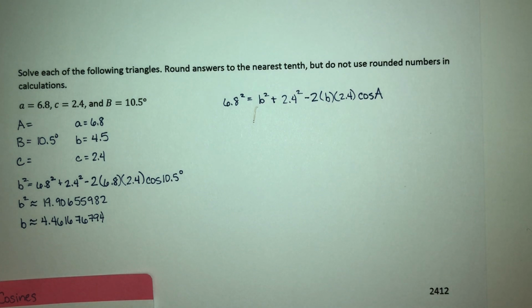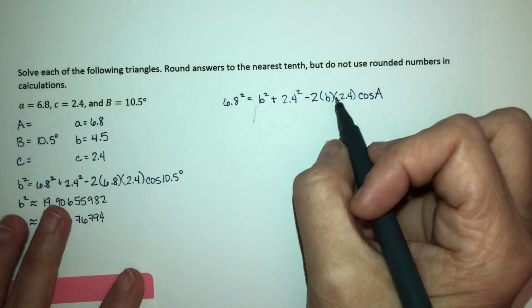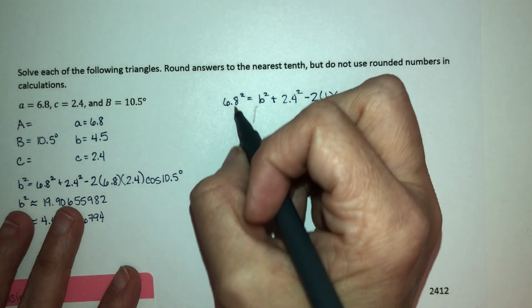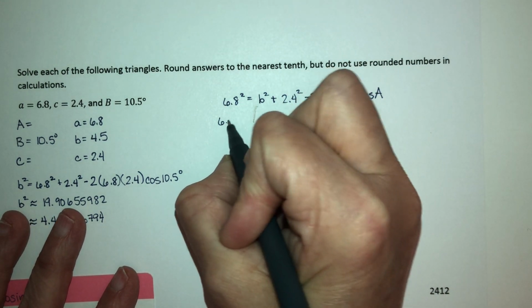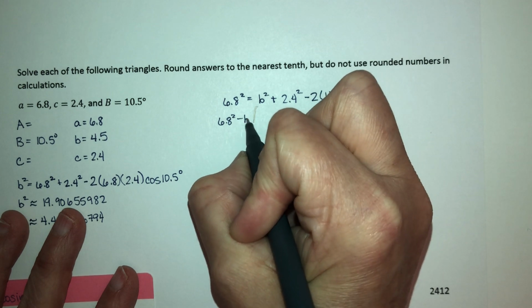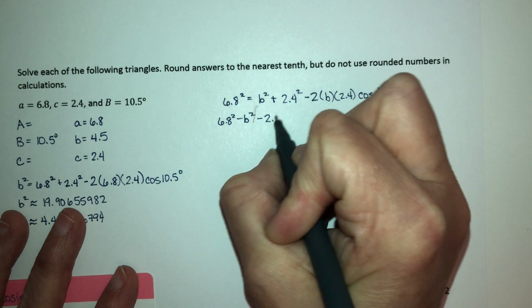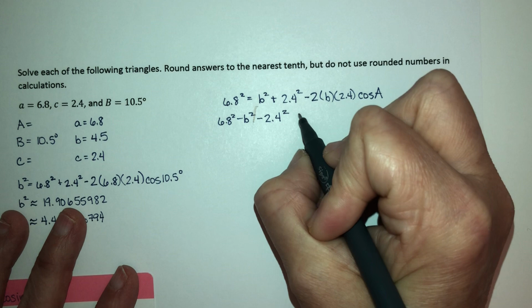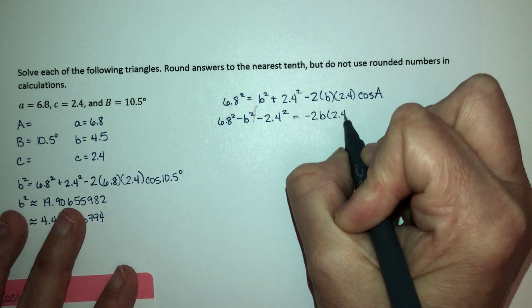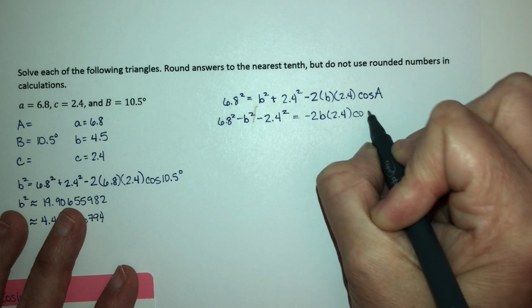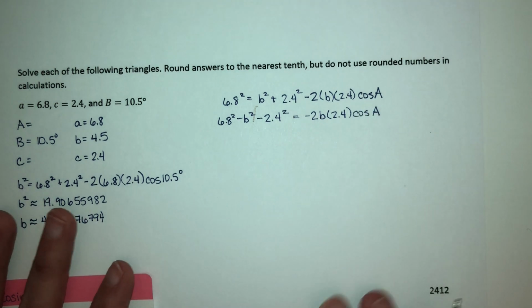So, first thing I'm going to do, just because it's going to be easier, and I'm not going to write down this whole value right now, I'm going to do 6.8 squared minus B squared minus 2.4 squared is equal to negative 2B times 2.4 cosine of A. Okay?